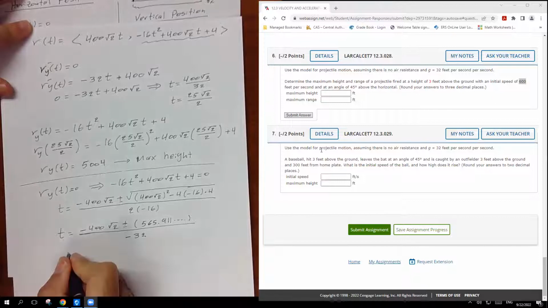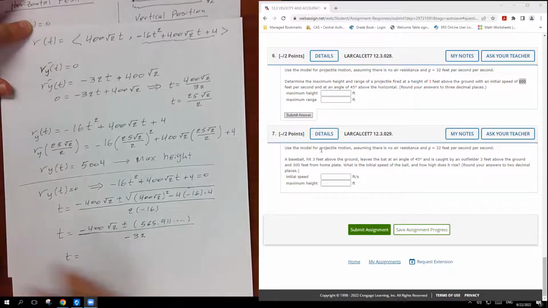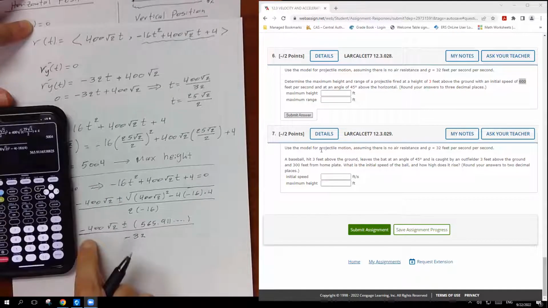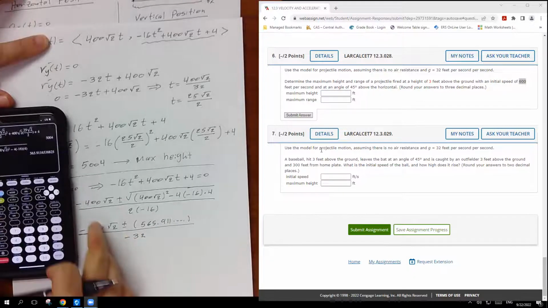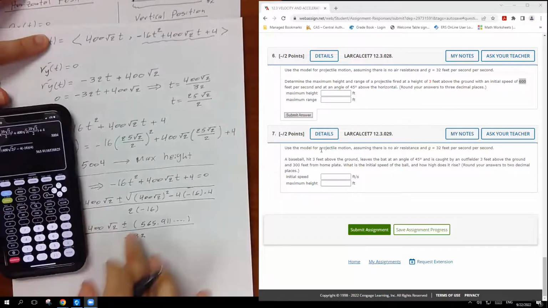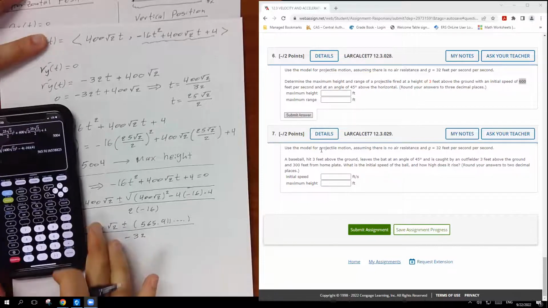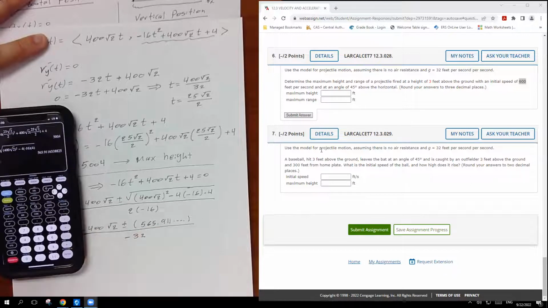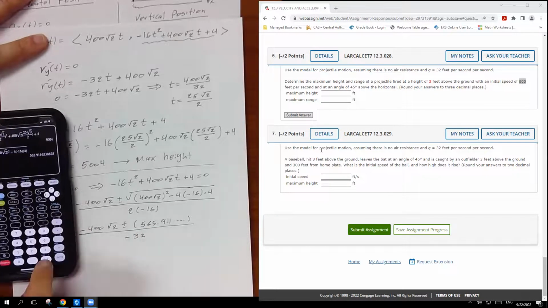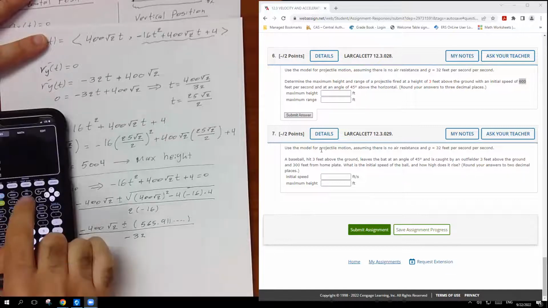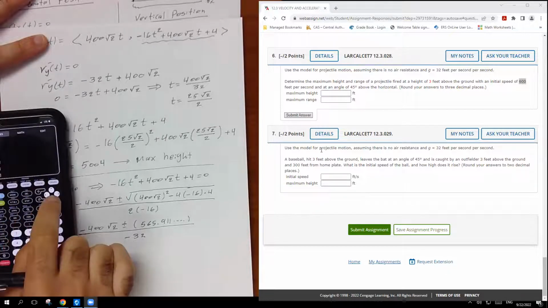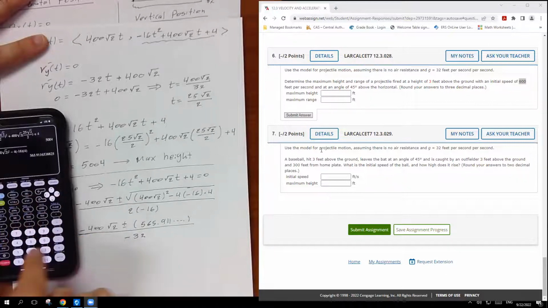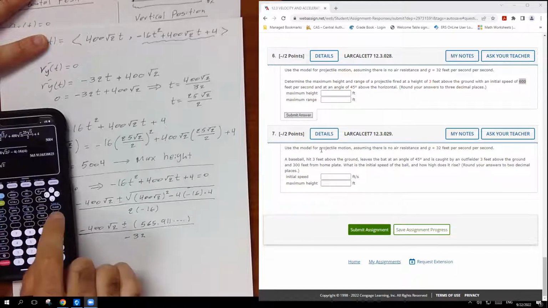That means the time is going to be equal. Now what I'm going to do: negative this number plus this one and divide by negative 32, because we have two solutions from here, two times, and check how we're going to choose the time. So it's going to be negative 400 square root of 2.